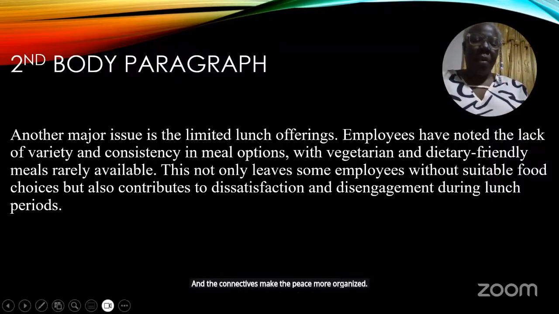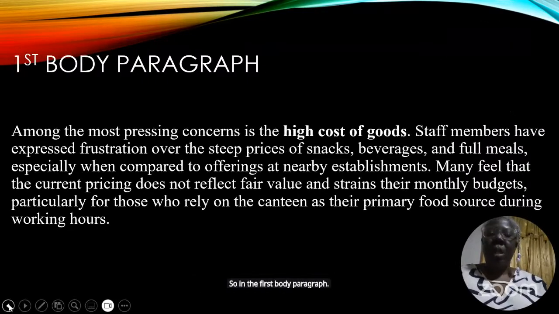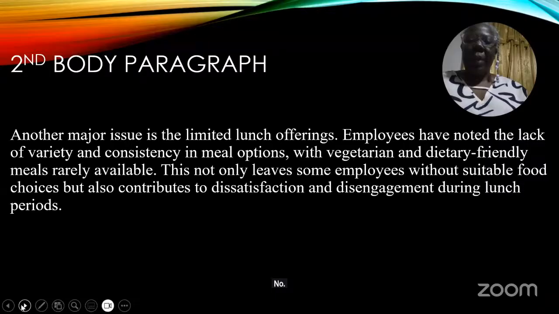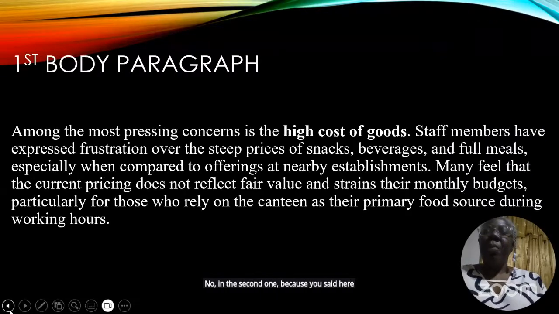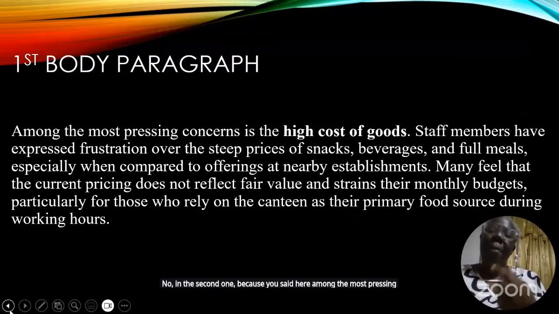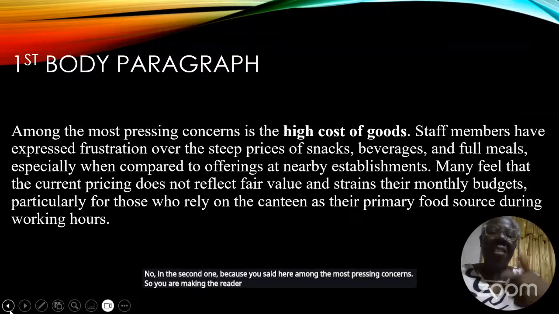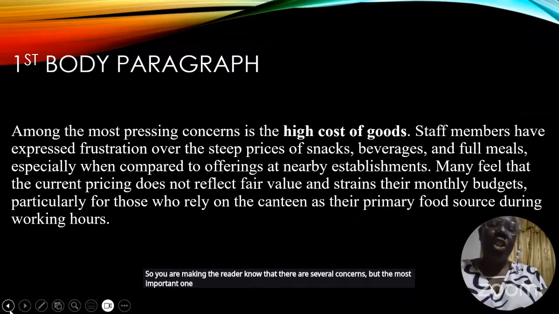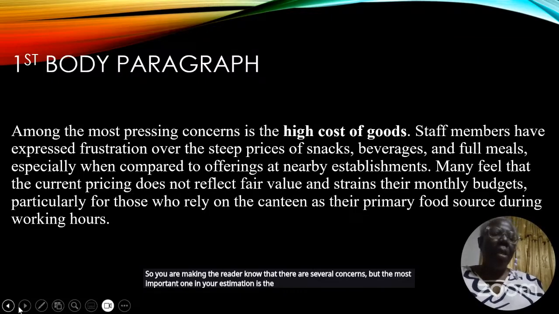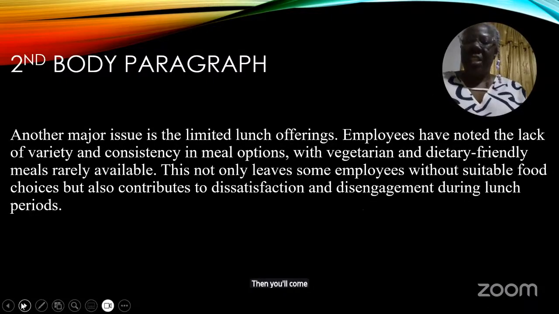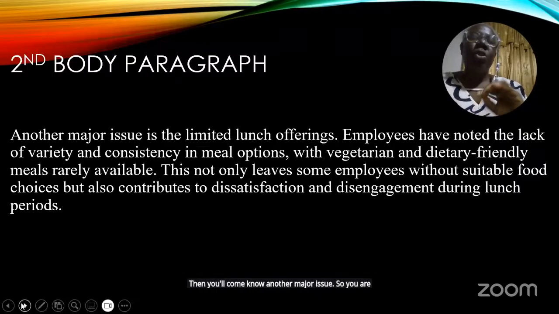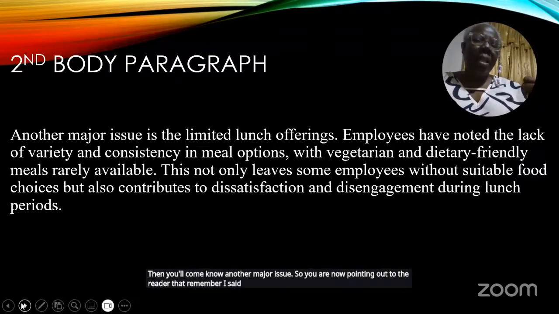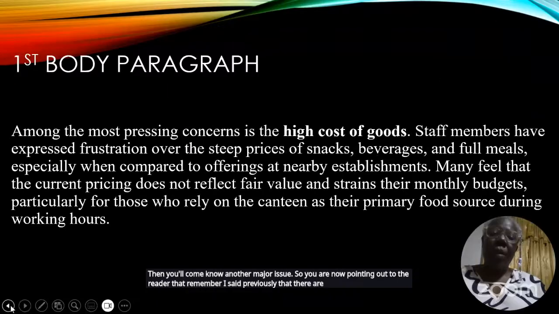So in the first body paragraph, you spoke about the high cost of goods. Now in the second one, because you said here, among the most pressing concerns, you are making the reader know that there are several concerns, but the most important one in your estimation is the high cost of goods. Then you come now, another major issue. So you are now pointing out to the reader, remember I said previously that there are most pressing concerns.